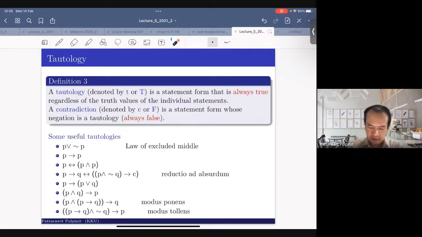Okay, maybe look at the last ones. The second last one is P and if P then Q, implies Q. So this is a tautology as well. The last one will be P implies Q and negation of Q implies negation of P. This is also a tautology. This is quite important, so that's why it has its own name: one is modus ponens and one is modus tollens. But as always, you don't have to remember this.